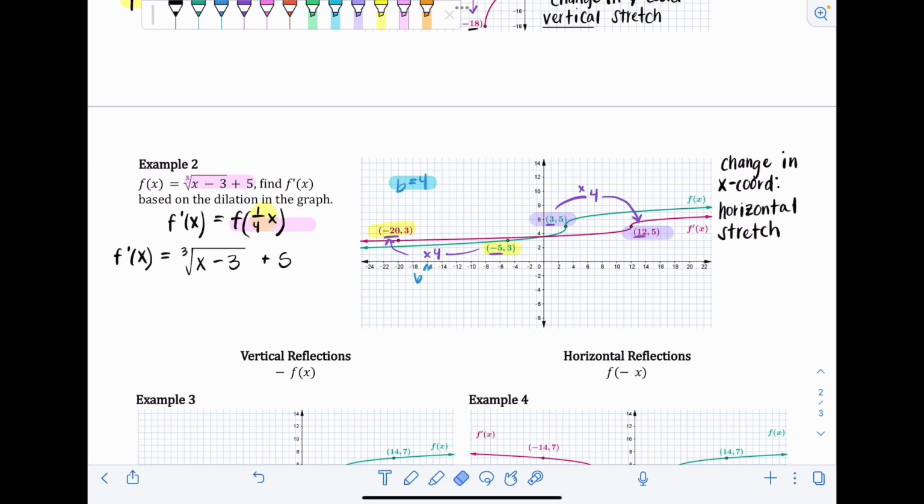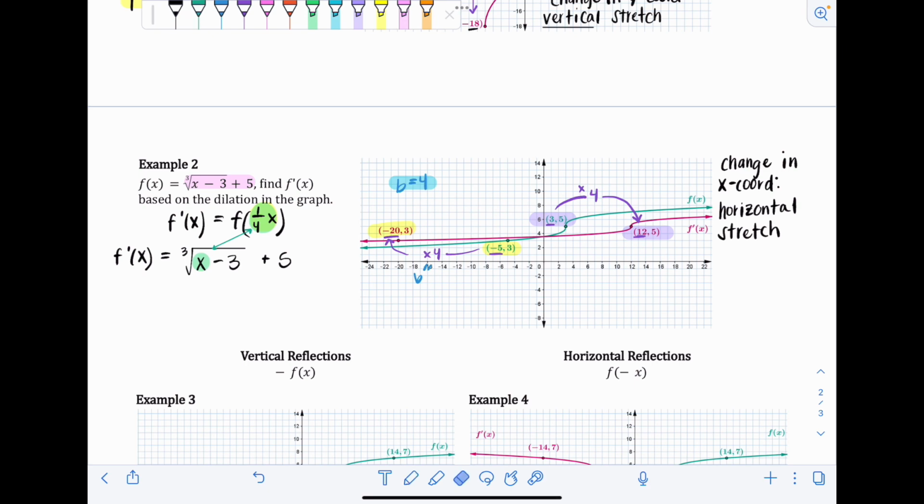But since I have to incorporate that horizontal stretch, this format right here where there's a change happening to the x inside the parentheses means that you make that change to the x in the function. So we would replace any x in the function, in this case there's just the 1, with 1/4 x.